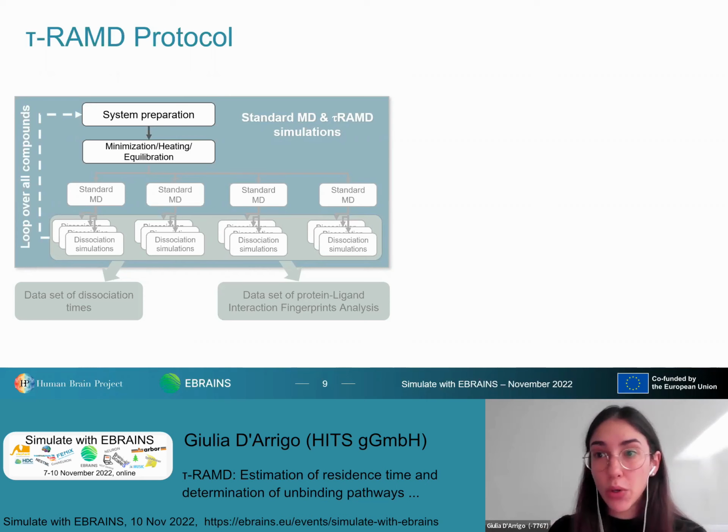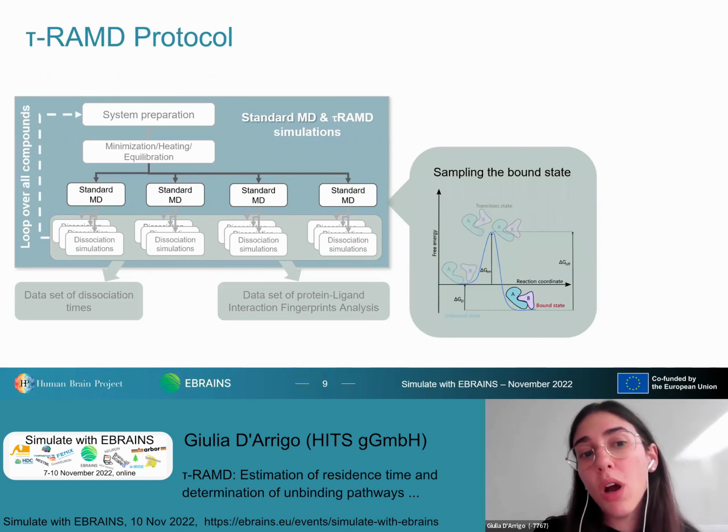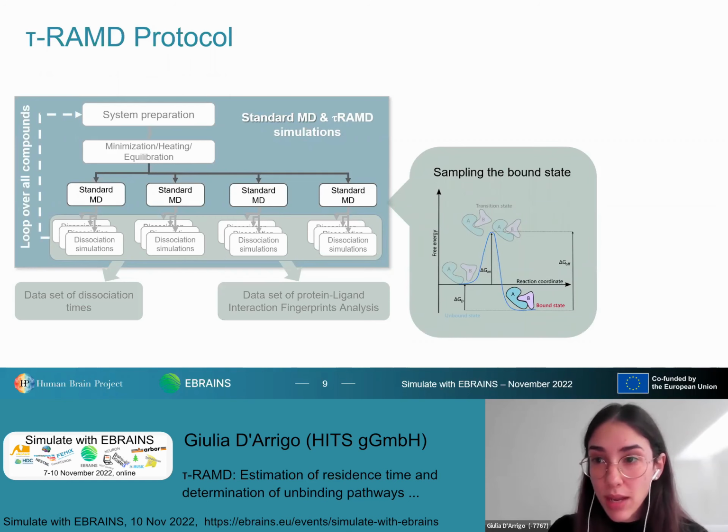And therefore, you are going to minimize it, heat it, and equilibrate it. The second step will be to perform a different standard MD simulation, because the aim here at this stage is to try to sample as much as we can, try to satisfactorily sample the bound state, because TauRMD is pretty sensitive to the accuracy of the bound state.